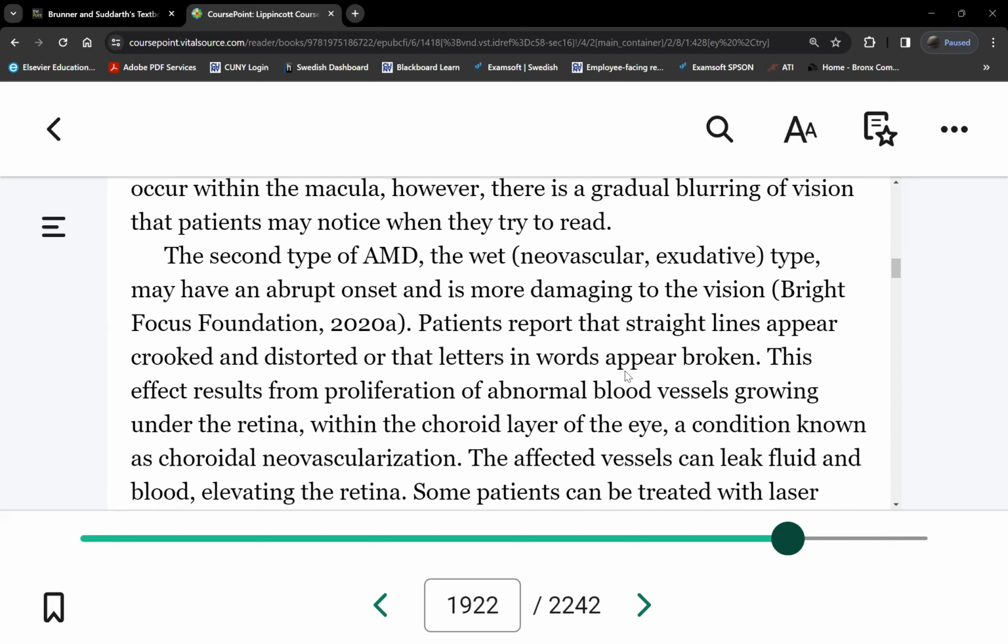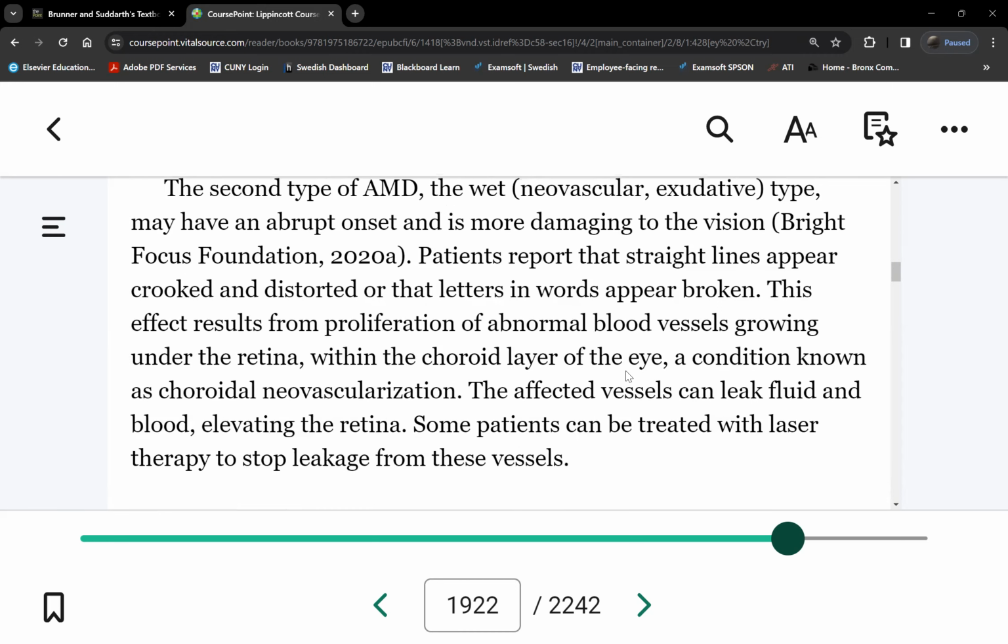Because these are abnormal blood vessels, they leak. So what do they do to the perfusion of the macula? It leads to decreased blood flow to the macula, and then it deteriorates. So that leads to wet macular degeneration.